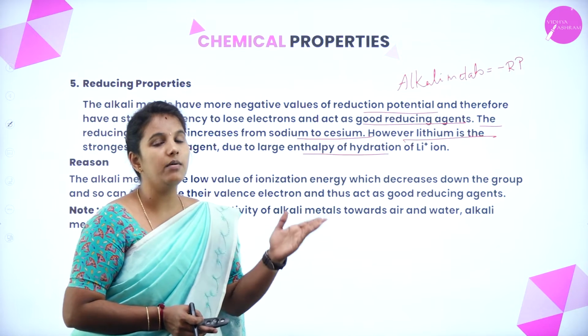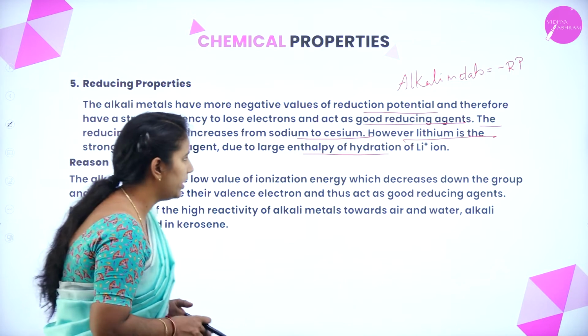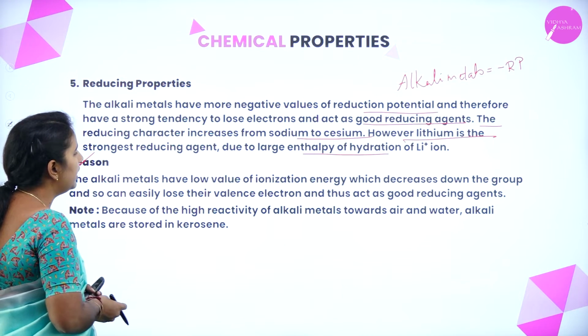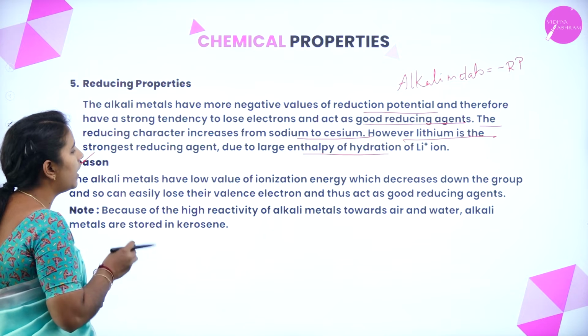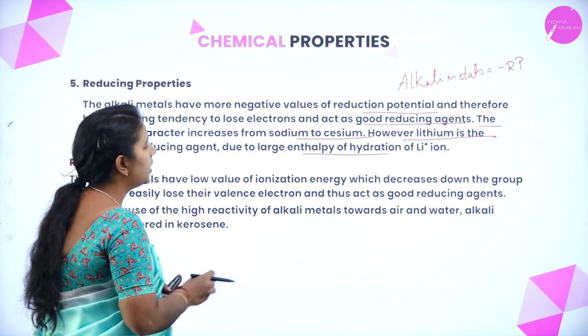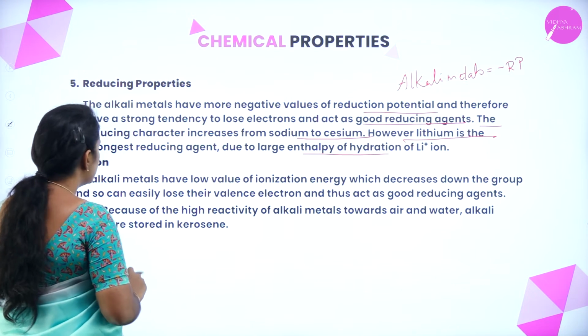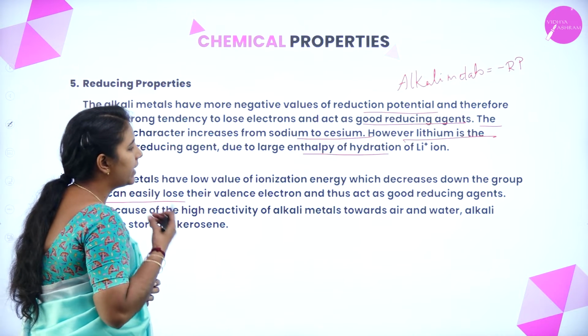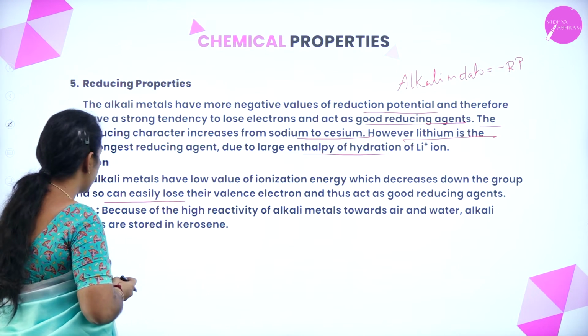And the reason is that alkali metals have very low ionization energy, which decreases down the group, so they can easily lose their valence electron and act as very good reducing agents.